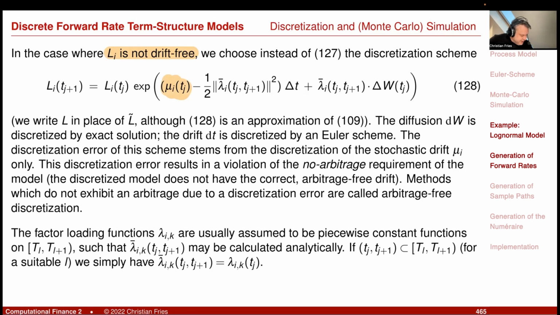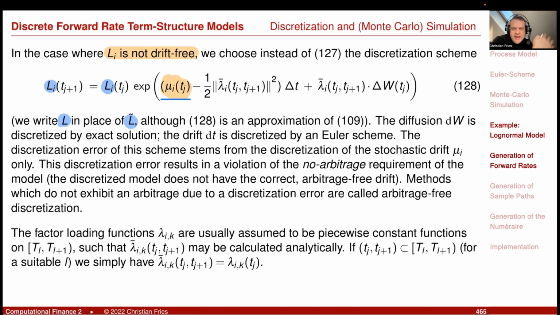Note here, I write now L in place of L tilde, but this should be an L tilde, because it is still an approximation, because this drift here is approximated. But you see that creating an accurate time discretization of our original stochastic process is maybe a little bit involved.